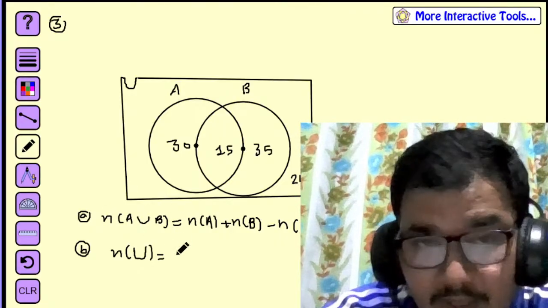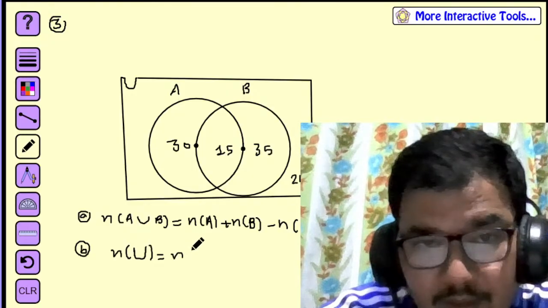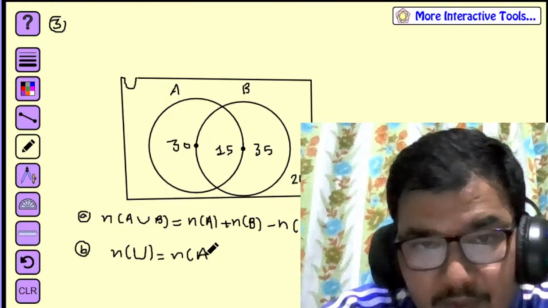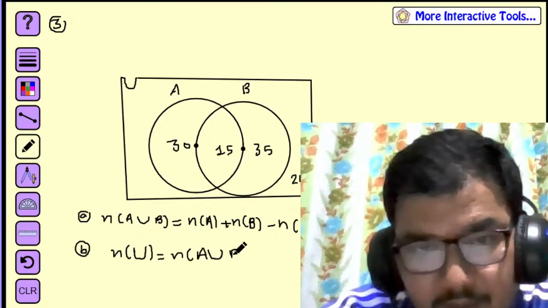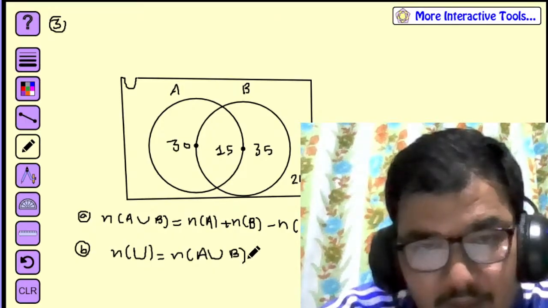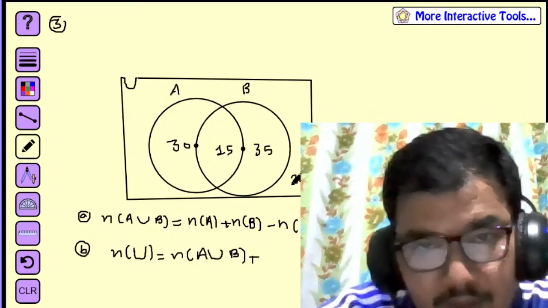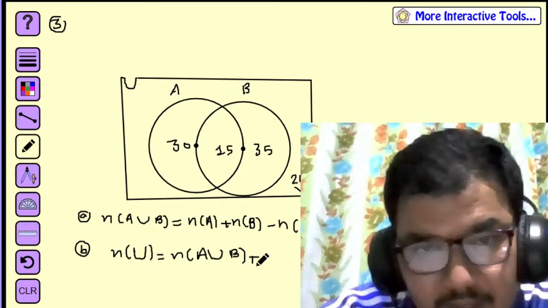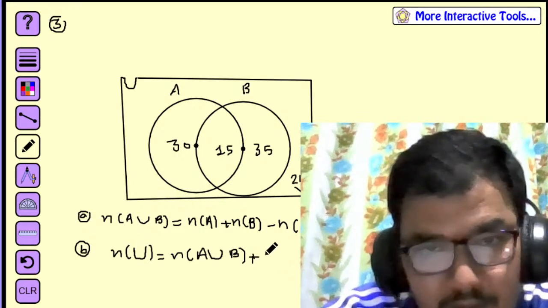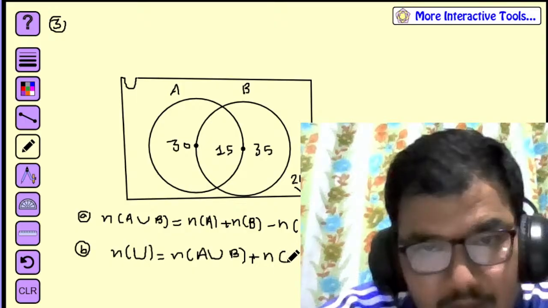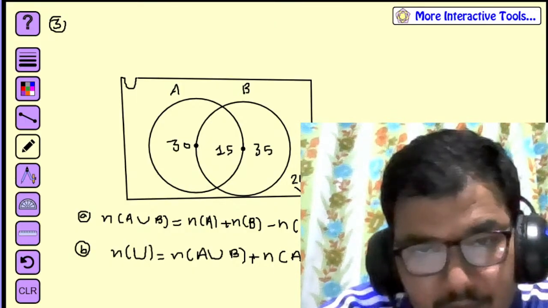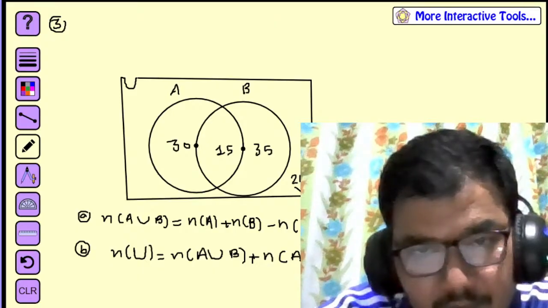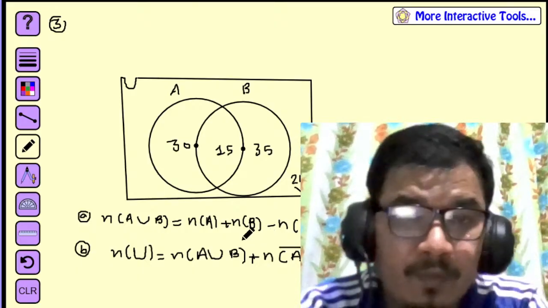You will find n(A union B), then plus this outside one. You have to add this, that is n(A union B complement).